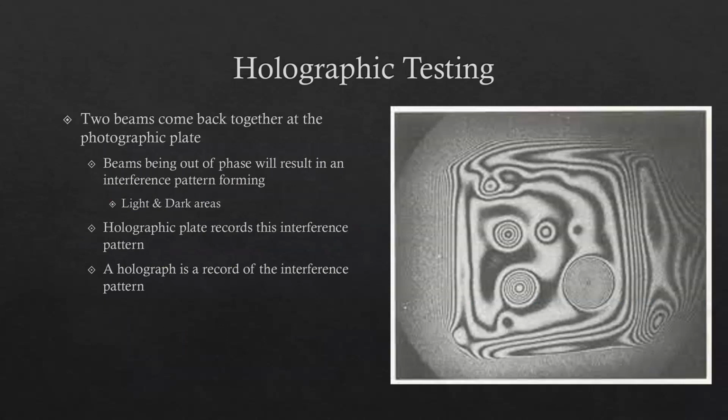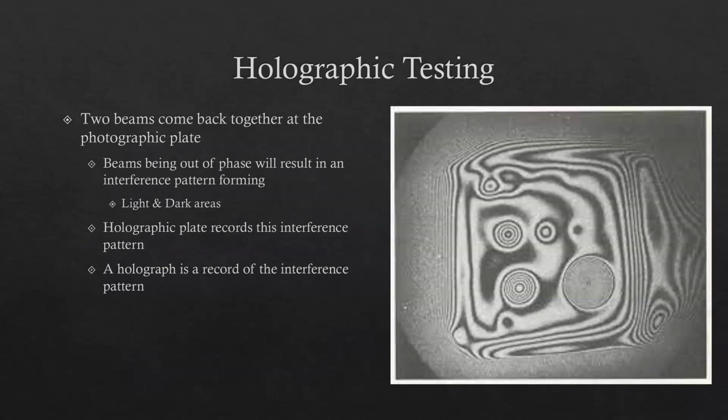And then when you go back and do a holographic test on a damaged structure, the way that hologram changes between unstressed and stressed is going to be different. And so now you can start to pick that up and take measurements and find areas of damage.